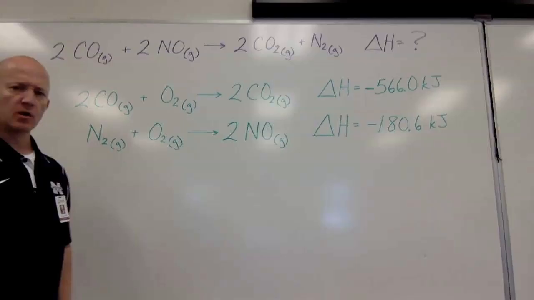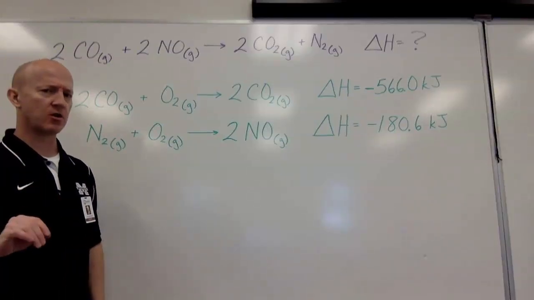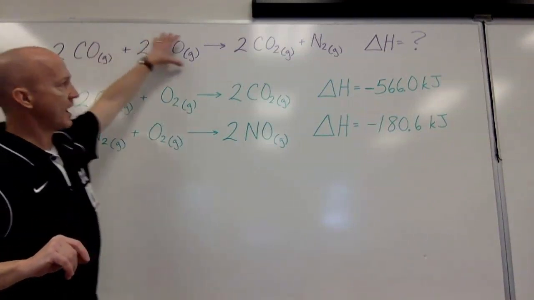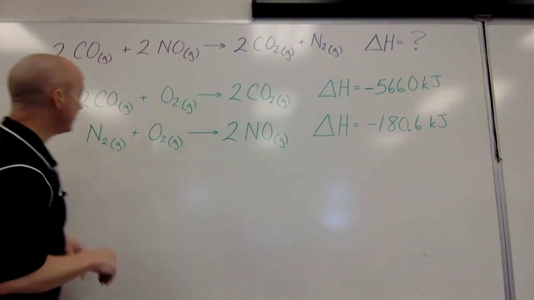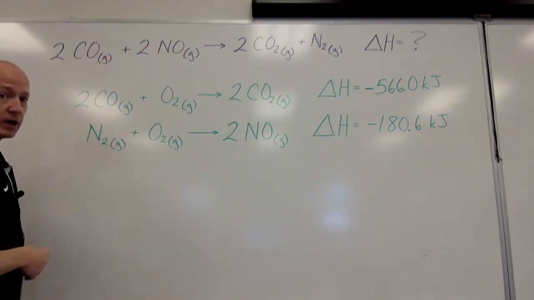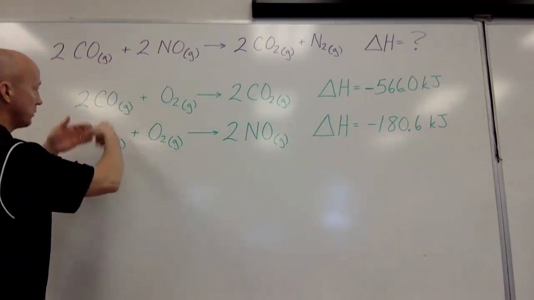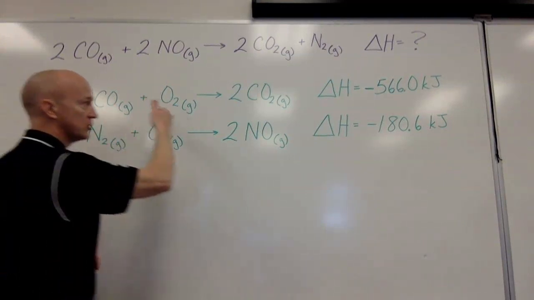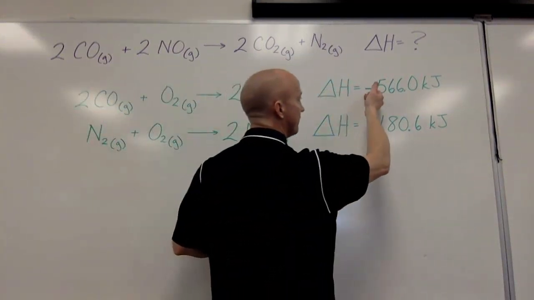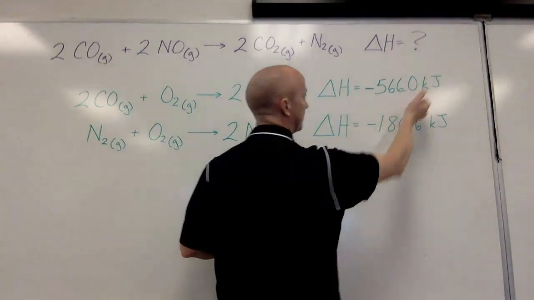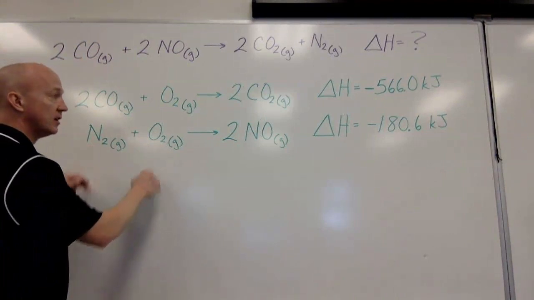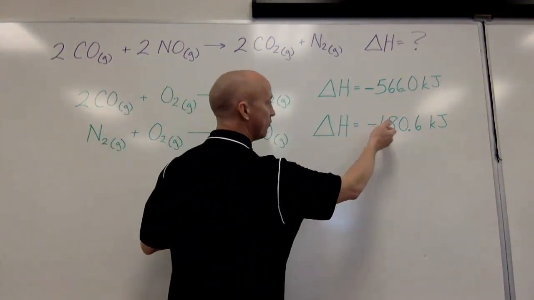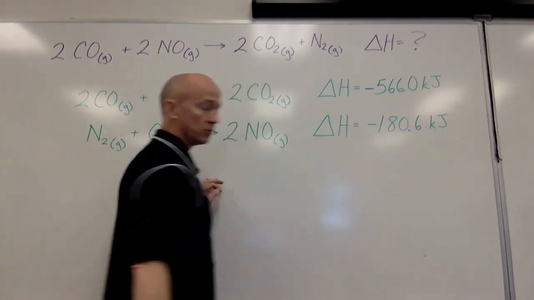One more. For this one, you need to use Hess's law. We have a reaction with an unknown enthalpy. And I've given you 2 known reactions. This reaction, the reaction of carbon monoxide and oxygen, has a delta H of negative 566 kilojoules. This reaction, the one with nitrogen and oxygen, has an enthalpy of negative 180.6 kilojoules.